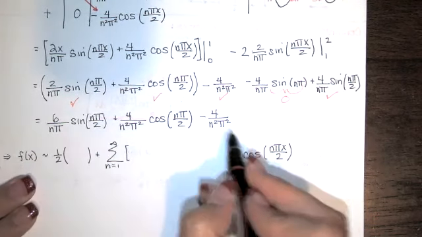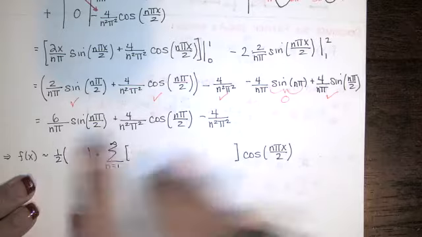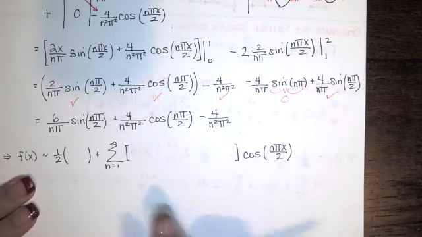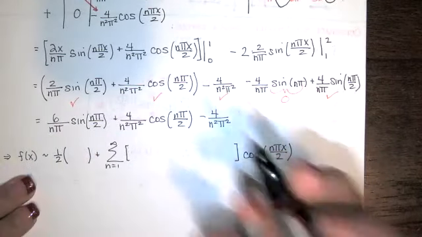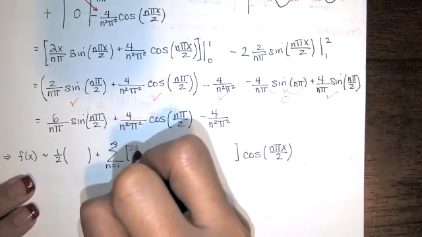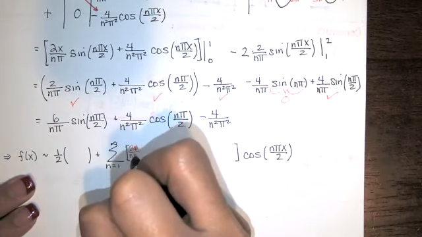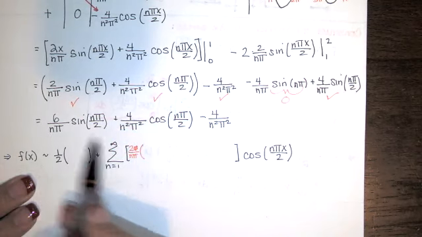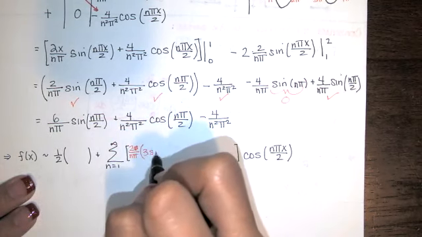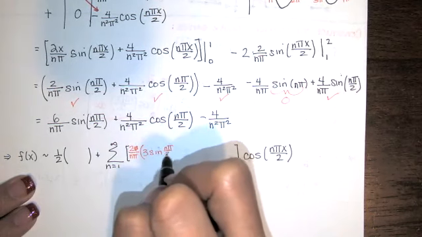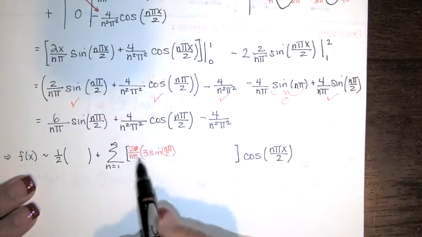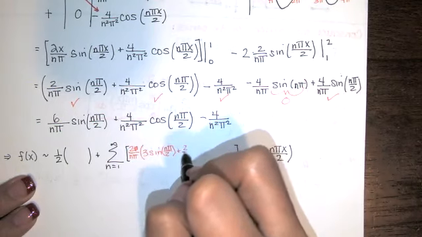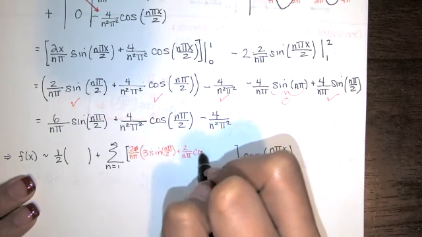So I will just rewrite all of this right here. Usually look for some factor that they all have in common. Well, you can take out a 2 over n pi from everything if you want to. And 2 over n pi, if I factor that out from here, I'll have a 3. If I factor that out from here, I'll have another one of those.